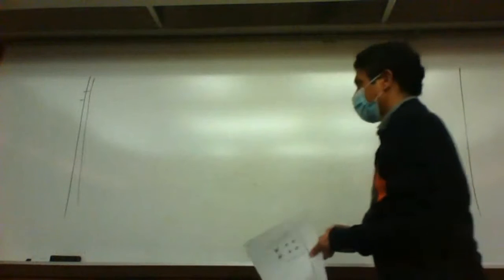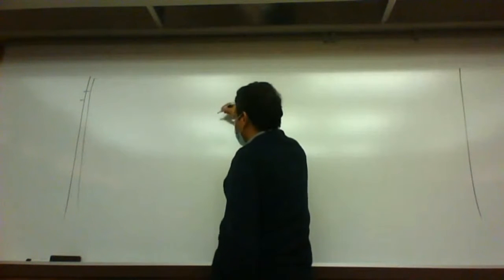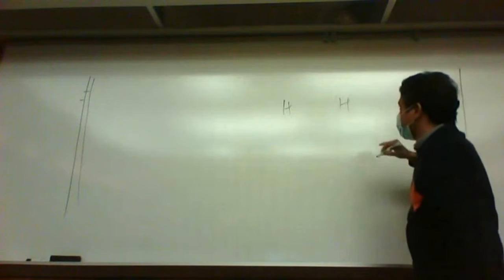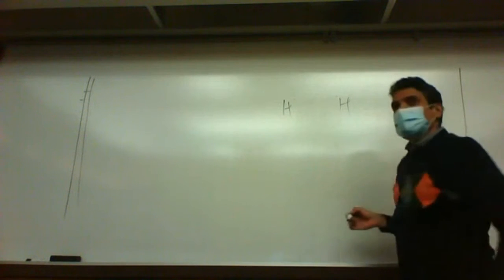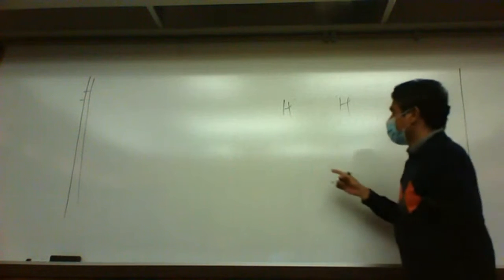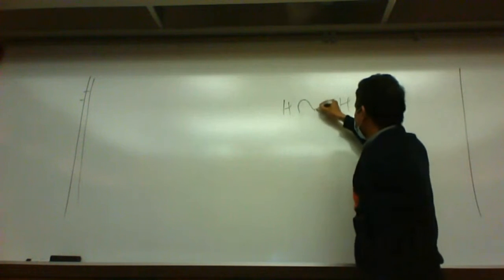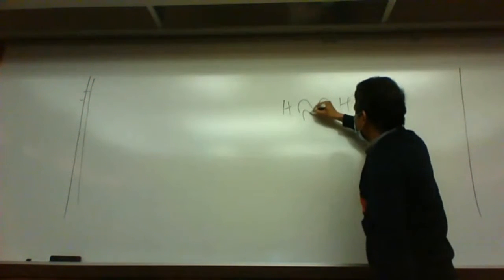Now, we were talking about molecular orbital theory in the last class. So we have two hydrogen atoms, this is a hydrogen atom, this is another hydrogen atom. This has one electron, this has one electron. And how they make a bond according to molecular orbital theory is, this electron is waving like this, and this electron is also waving like this.